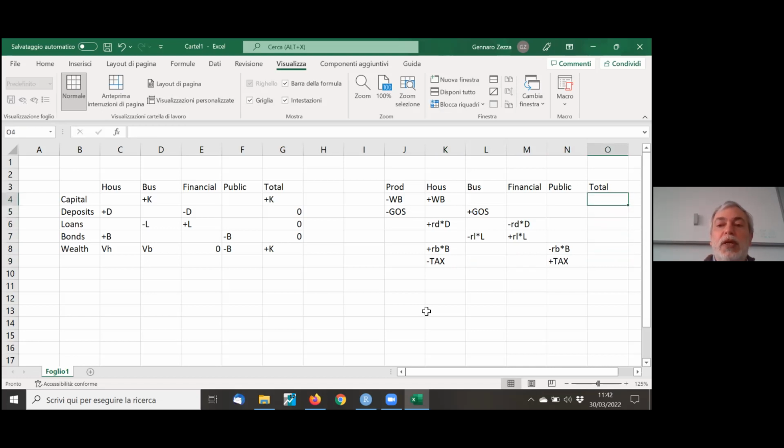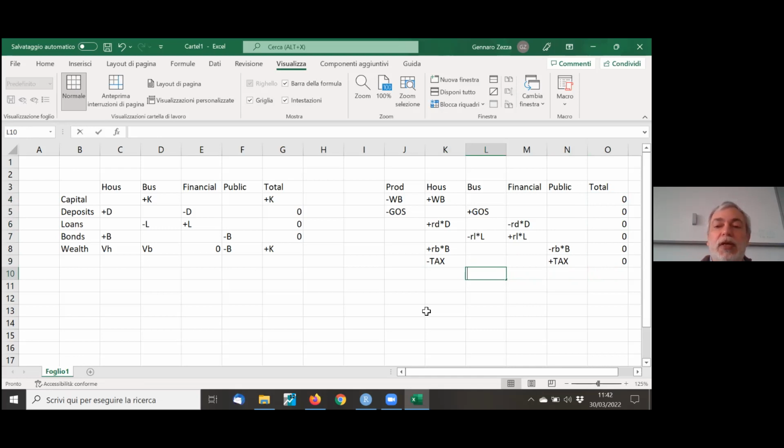All of this should be 0, obviously. And now this should define disposable income, but we want to have the payment of dividends, I think.